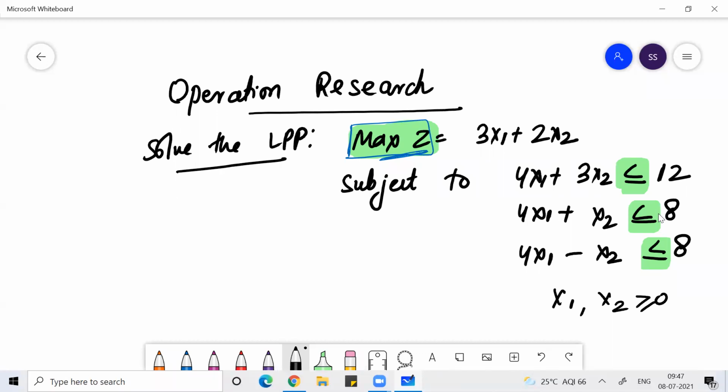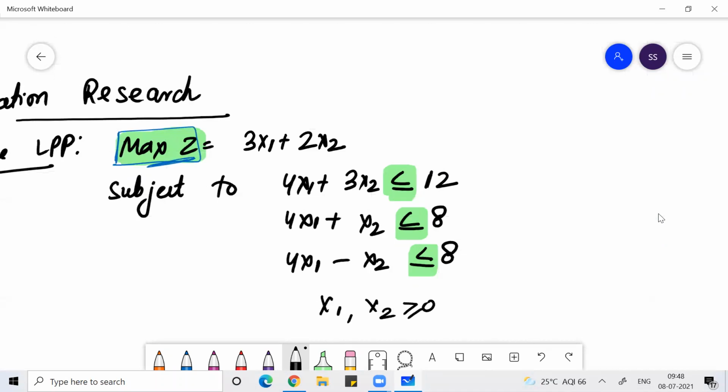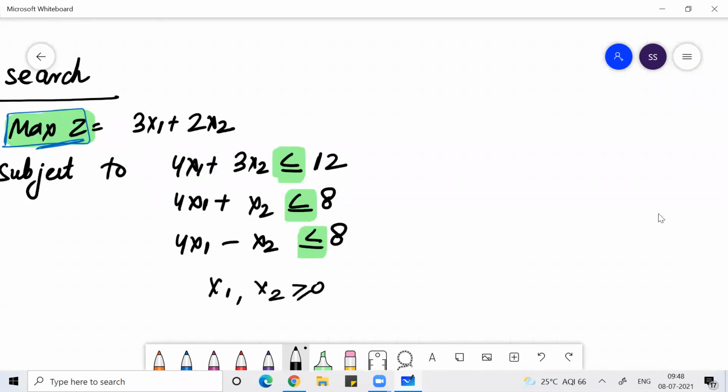In this problem you have three less than or equal to constraints, so to convert the model into standard form, we'll introduce three slack variables, let those be S1, S2, S3. In some books, they may write X3, X4, X5 also.